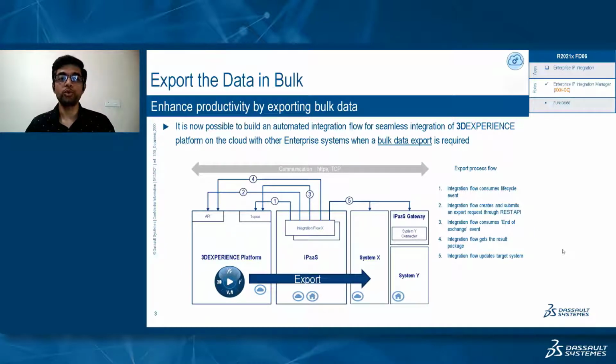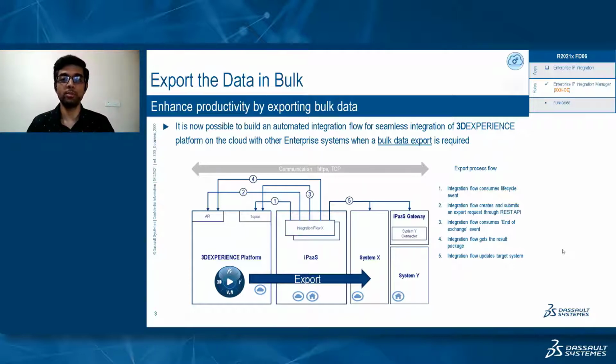So now you can export bulk data to improve productivity by exporting huge amounts of data at the same time. What it enables is you can now have the automated integration flow to exchange the data, basically to export the data from 3D Experience platform to the external enterprise systems.